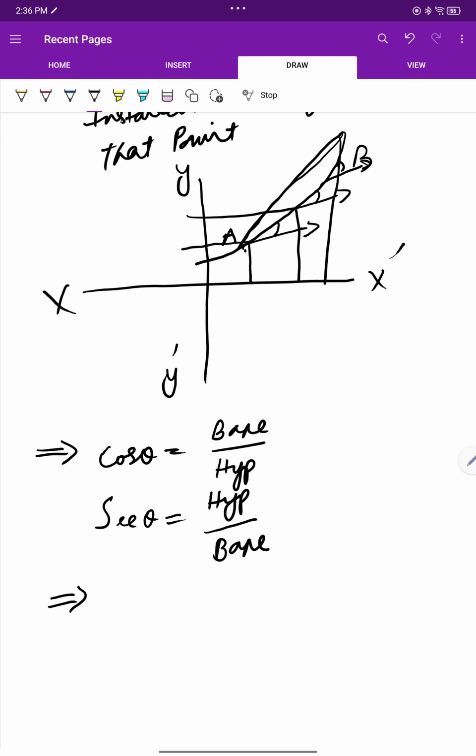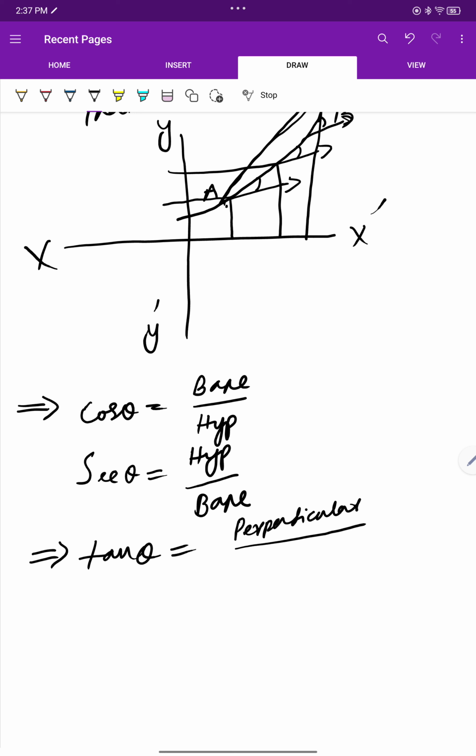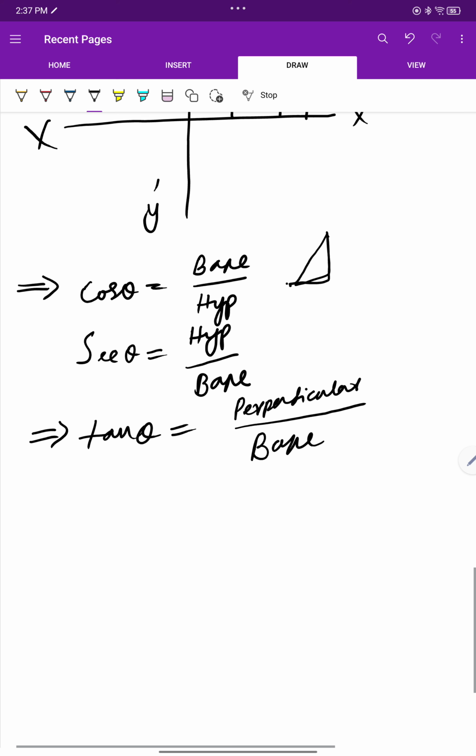Another part, we also know that tan theta is equal to perpendicular in a right angle triangle divided by base. So the same we are experiencing in the derivative.